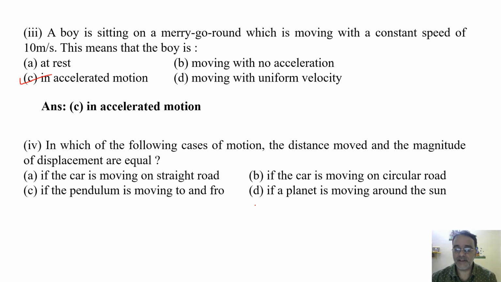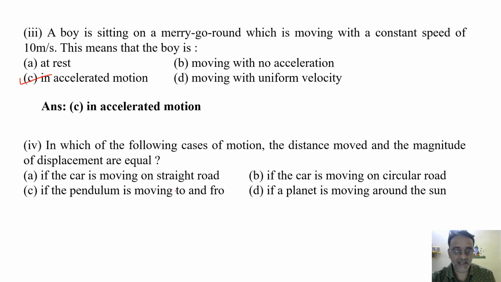In which of the following cases of motion are the distance moved and the magnitude of the displacement equal? If we look at the example we just saw, if we look at one side, then it is 100 meters distance and the time is 50 seconds. So 100 upon 50 will be 2 meters per second for the speed, or velocity also, if we look at one direction only, right?